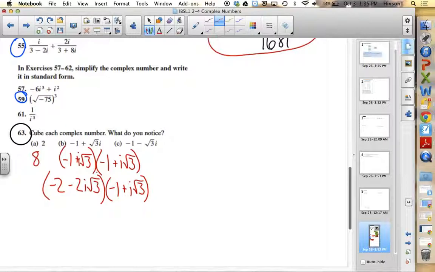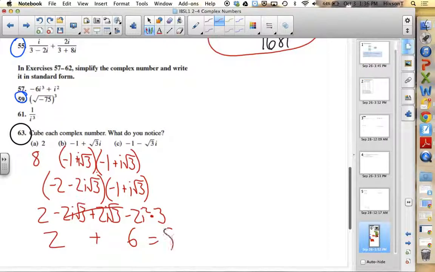And so we have 2 minus 2i radical 3 plus 2i radical 3. So those cancel out to 0. Minus 2i squared times radical 3 times radical 3 is 3. So that's minus 2 times minus 1, that's a positive 2 times 3 is 6. 2 plus 6 equals 8.